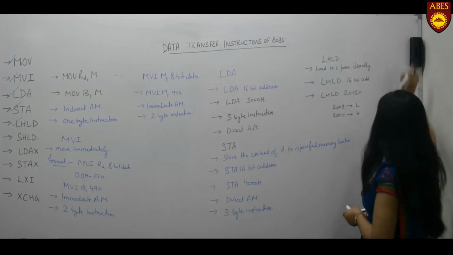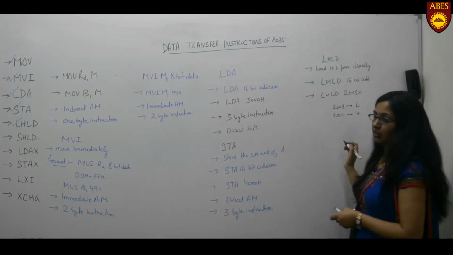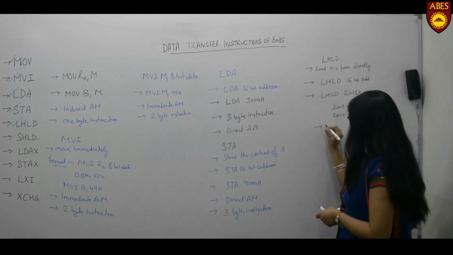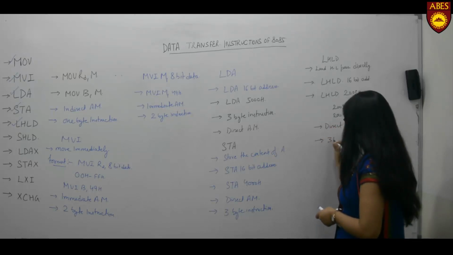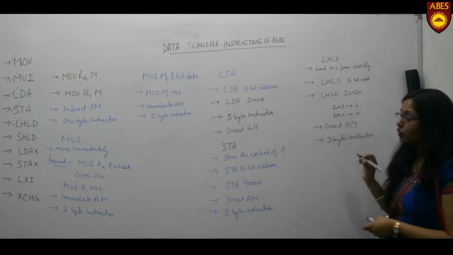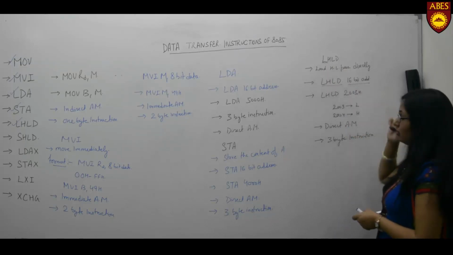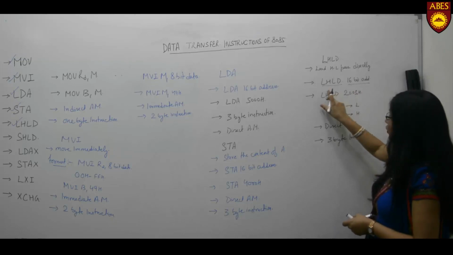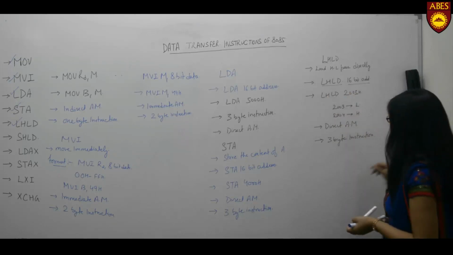This instruction belongs to the direct addressing mode, and this is a 3 byte instruction. 1 byte is for the mnemonic and 2 bytes are for the 16-bit address.